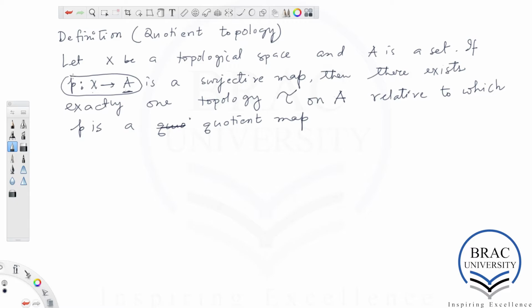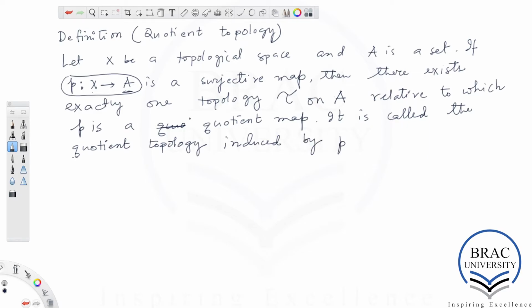There is exactly one topology and we call that topology the quotient topology. It is called the quotient topology induced by P. Good. So this was the definition of quotient topology.